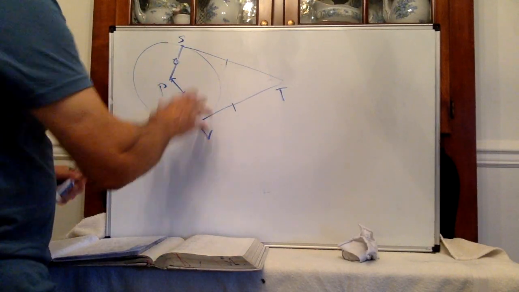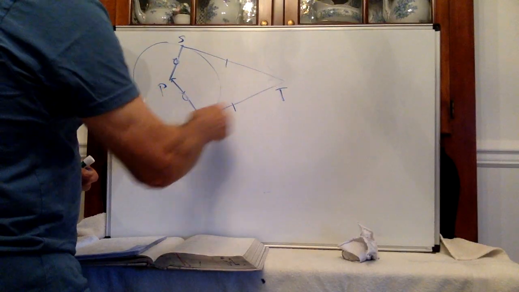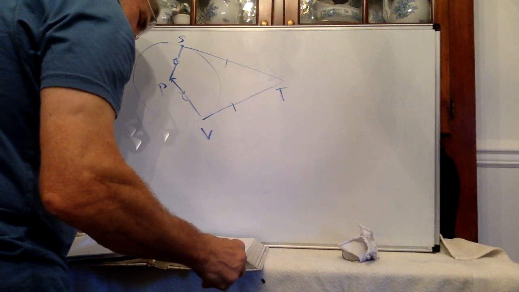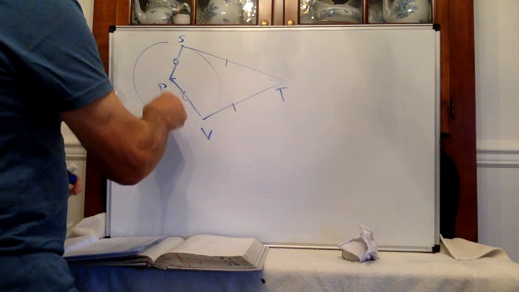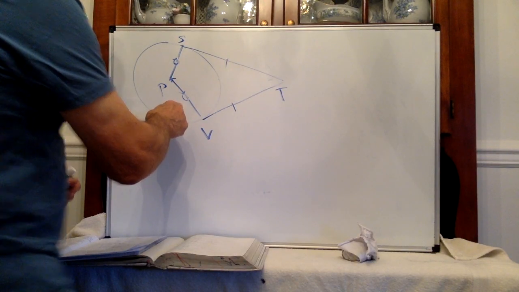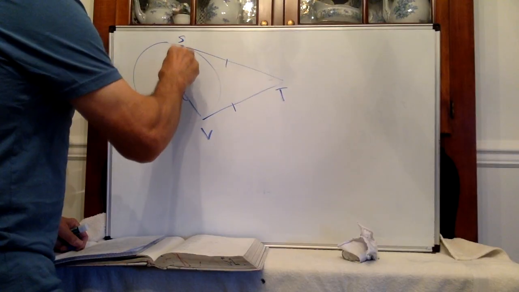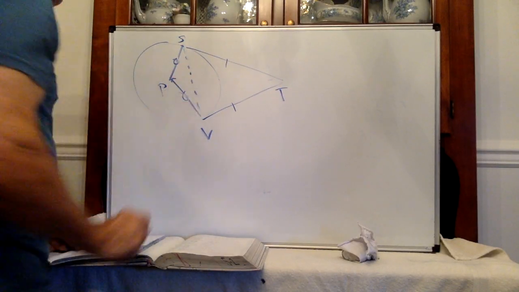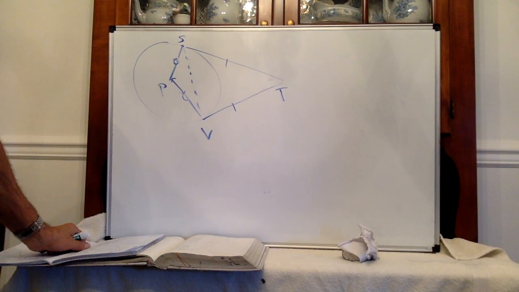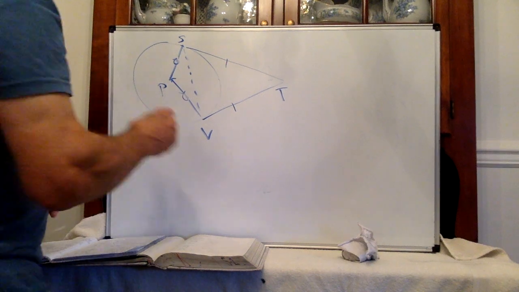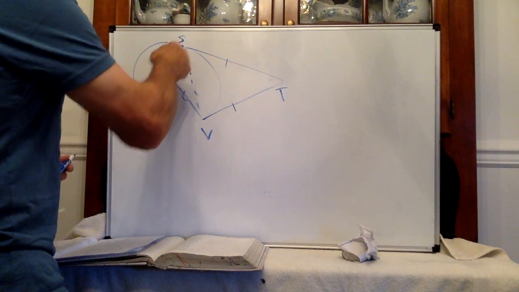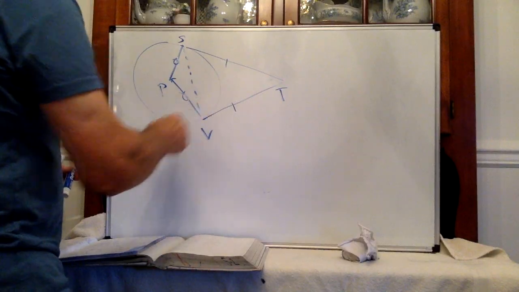So we started just with ST and VT congruent. You can get SP and VP congruent. They're radii of a circle. And the other way to do it was draw SV. I now have two triangles, triangle SPV and triangle STV.